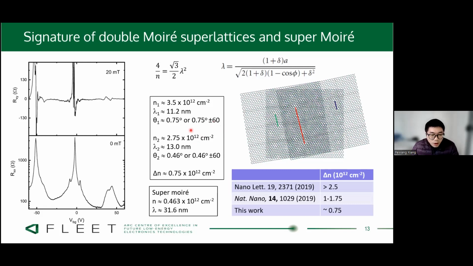And one more thing we also notice is these two moiré superlattices further interfere with each other and form another super moiré, an even larger moiré pattern, where the moiré wavelength is about 31.6 nanometer according to these two calculations.